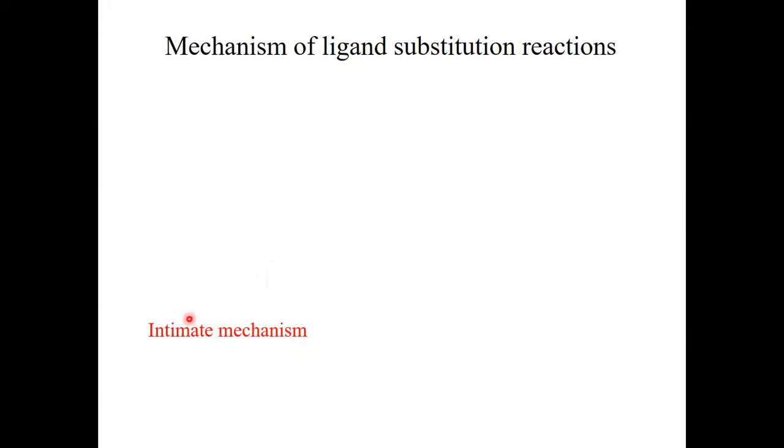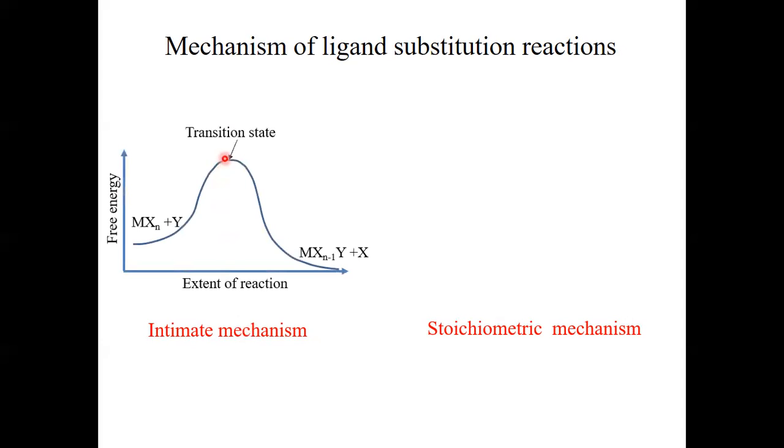So the first possible mechanism is the so-called intimate mechanism, and the second possibility is the so-called stoichiometric mechanism. So when we have an intimate mechanism, then we do not form an intermediate, we only have a transition state. Okay, so as we go from the reactants to the products, we go through one maximum on the reaction coordinate.